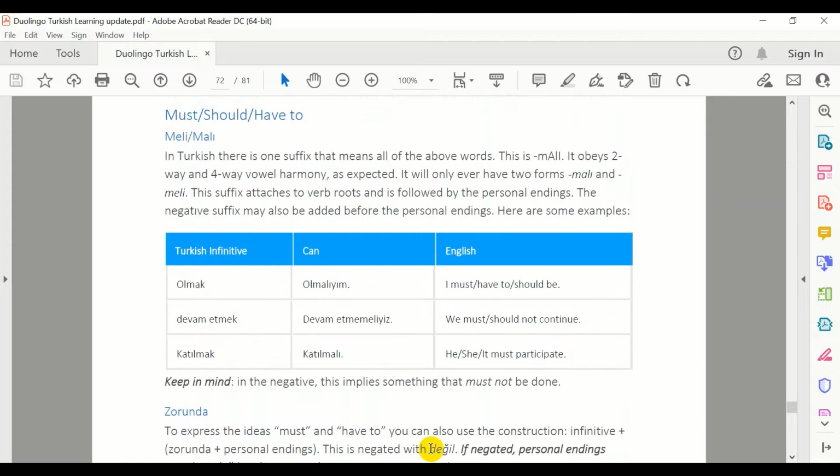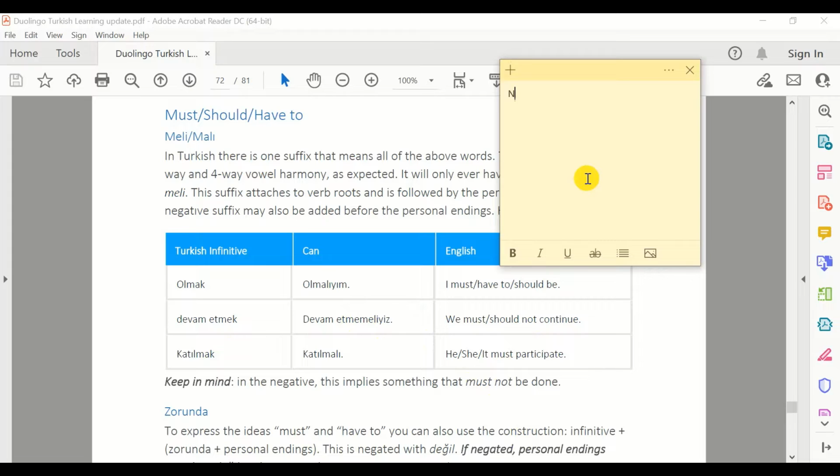Well, one thing more I would like to add here is if you see devam etmek, here it says devam etmemeliyiz. We must not continue, we should not continue, the negative form. Generally you should know that in Turkish language with negative sentences, you only add the suffix ma, or let me write it in its full form, ma or me.